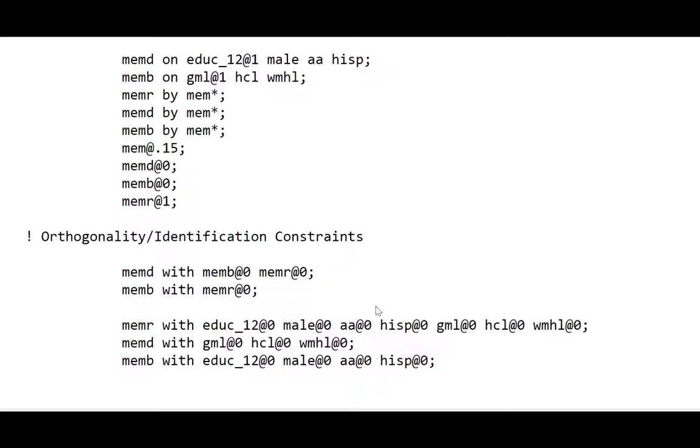MEMD is constrained to be orthogonal to MEMB and MEMR, and MEMB is constrained to be orthogonal to MEMR. So the variance from MEM has only 3 pathways it can go through. One is the pathway that's explained by these. One is the pathway explained by these. And one is the central pathway that's not explained by either of those.